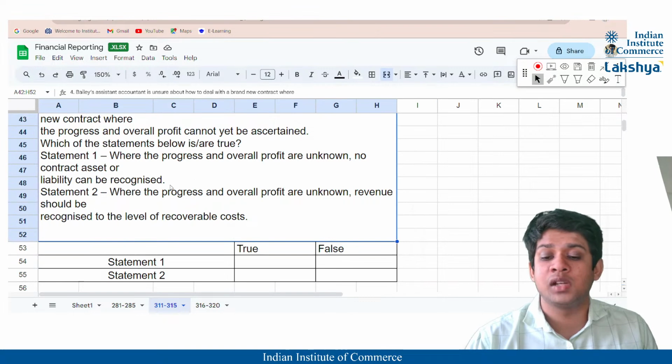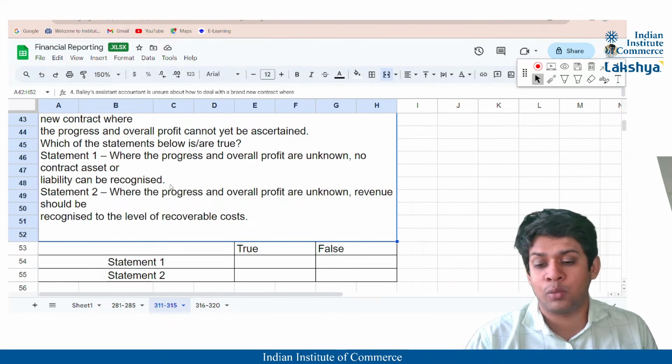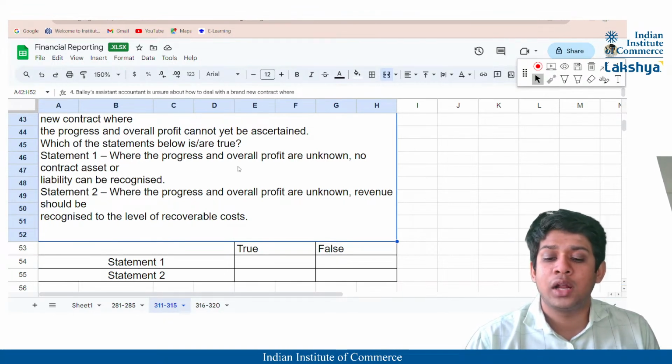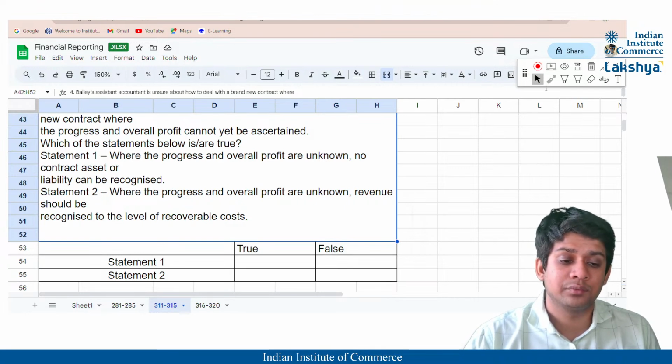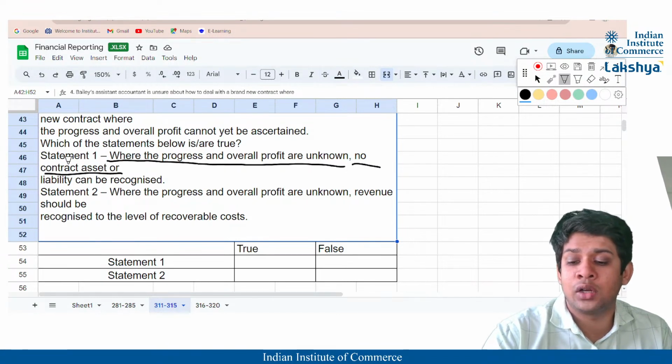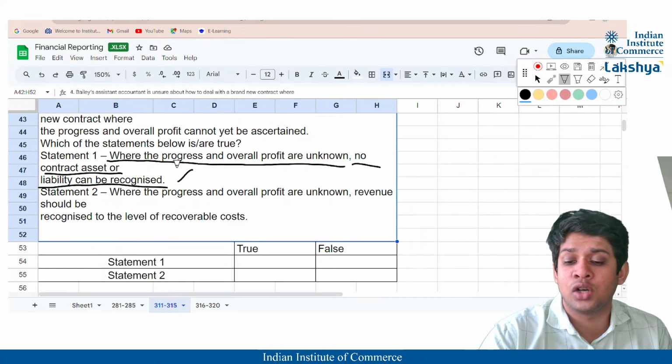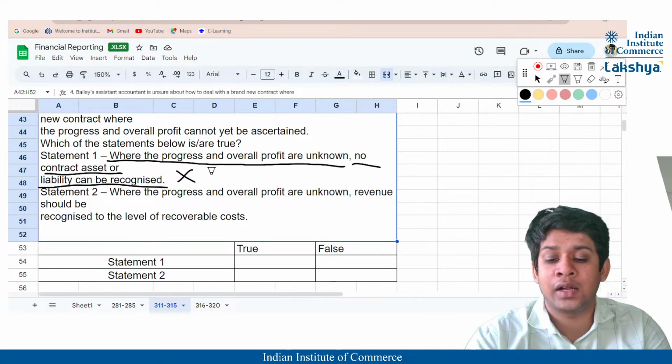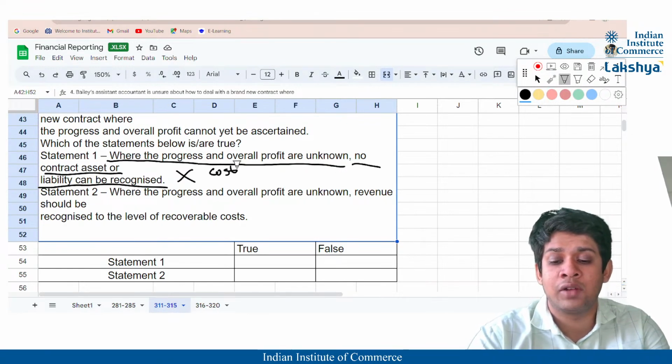So let us look at the statements here and then determine what is true and what is not. Where the progress and overall profits are unknown, no contract asset or liability can be recognized. This is not true. A contract asset will be recognized up to the costs which are recoverable.